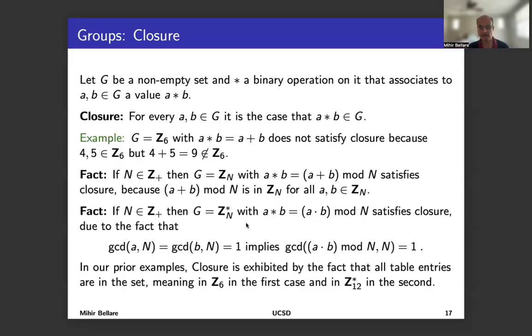Why non-trivial? Because what it's saying is that if A and B are in here, meaning they have a greatest common divisor with n that is 1, then the product mod n is also in here. It's clear that the product mod n is between 0 and n minus 1, but why would it have a GCD of 1 with n? Well, the claim is that it actually does.